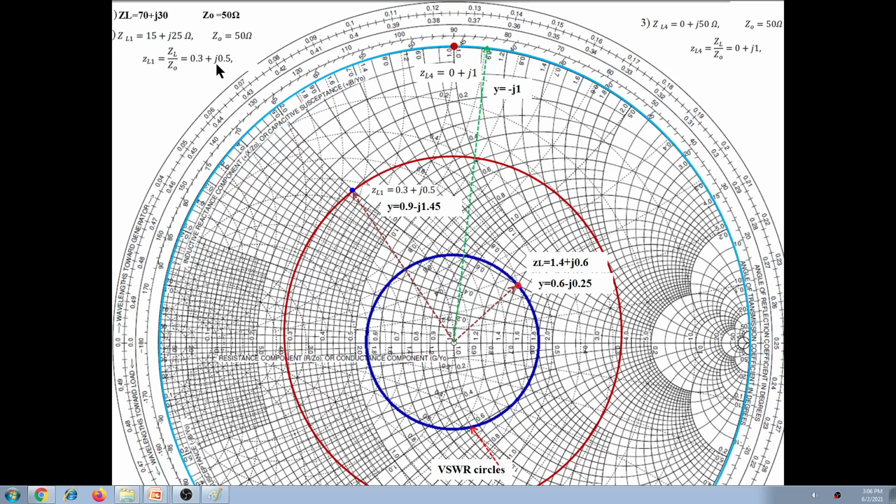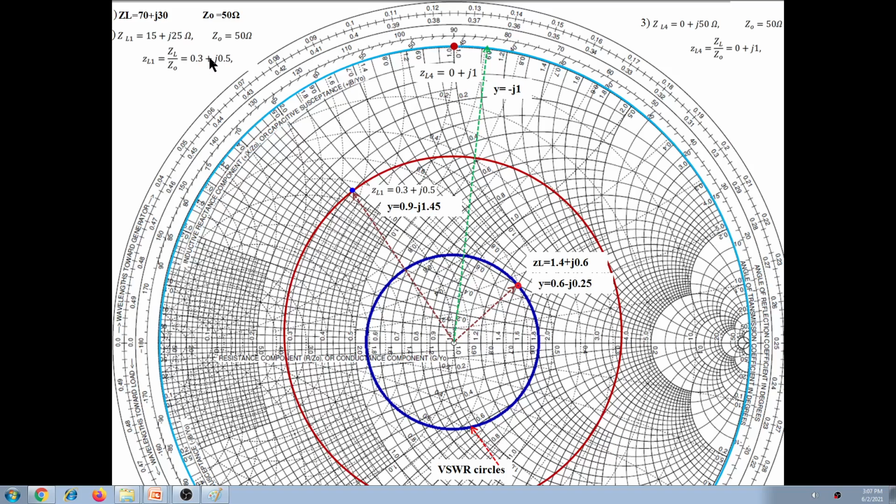So to draw the VSWR circle, you have to mark it on the Smith chart. Marking it means finding the intersection: the intersection of the R equal to 0.3 circle and the X equal to plus 0.5 circle. The reactance value is plus 0.5, and you should not leave this. It is very important.